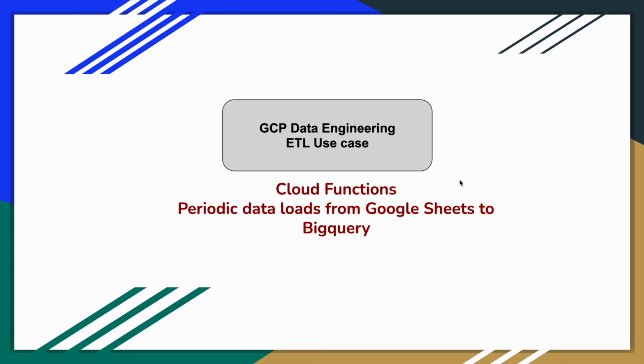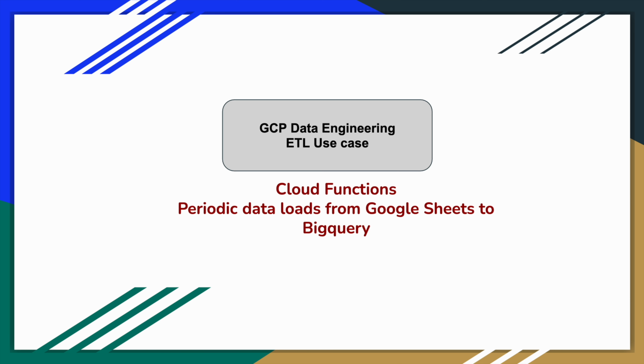For example, let's say you have a Google Sheet where we are maintaining some data, and we have to load the data into BigQuery on a periodic basis. We have already seen some other use cases where, if we have data in a Google Sheet, by using the BigQuery external table concept, you can query the data.